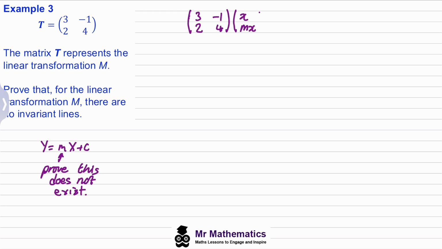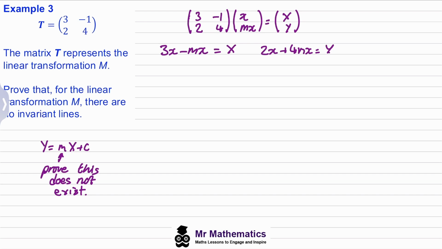So we'll leave it as mx, and then for our image we'll have big X and big Y. Now we'll multiply out these matrices. The first row times the first column gives 3x minus mx, which will equal big X. And the second row times the first column gives 2x plus 4mx, which will equal big Y.